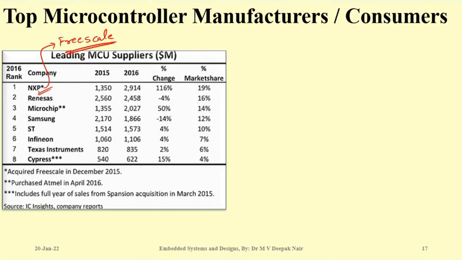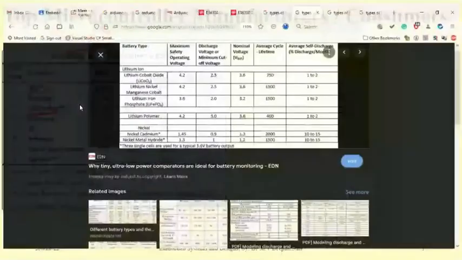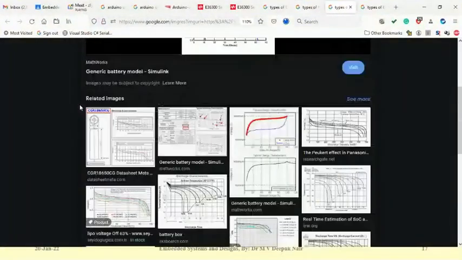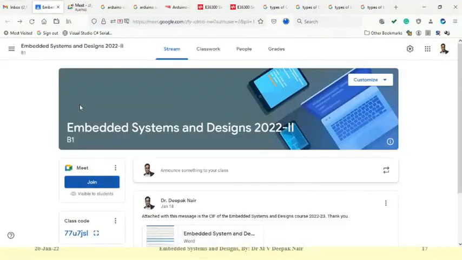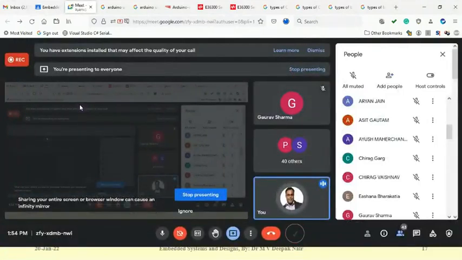But how many of you know NXP? How many of you know this company, Microchip? Anyone who knows Microchip? Yes, sir. Which microcontrollers are produced by Microchip?